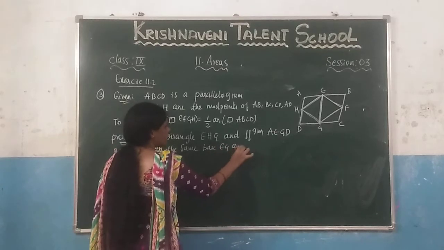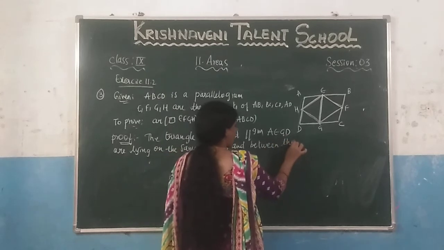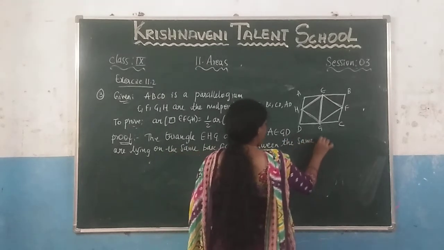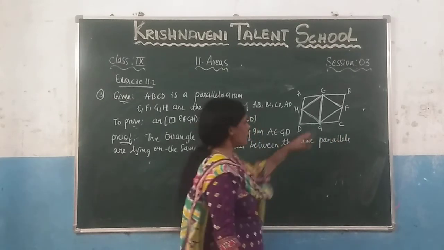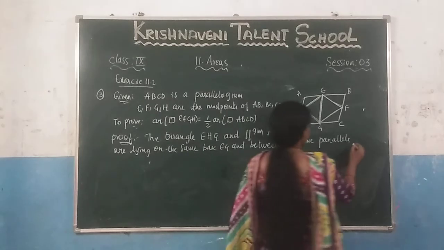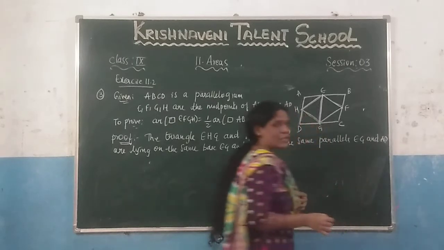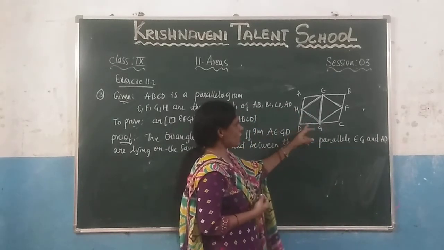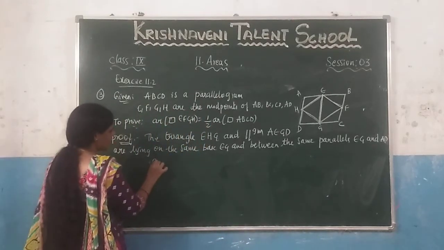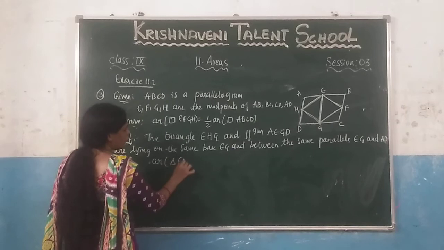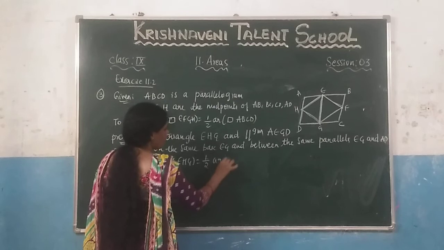EG, and between the same parallels. What are those parallels? EG and AD. So write it here, the same parallels EG and AD. So we can state that the area of this triangle is always equal to half times the area of the parallelogram. So you can write here, area of the triangle EHG is equal to half times the area of the parallelogram AEDG.